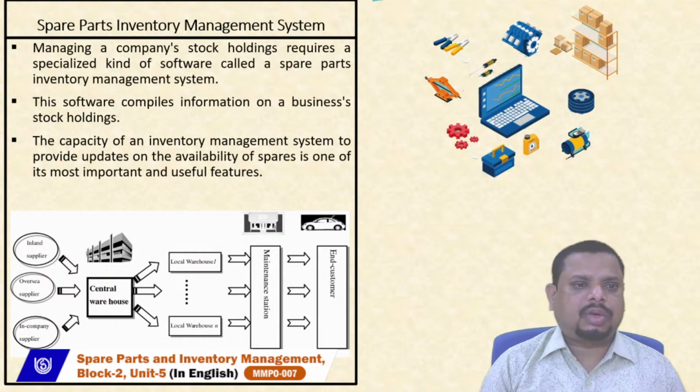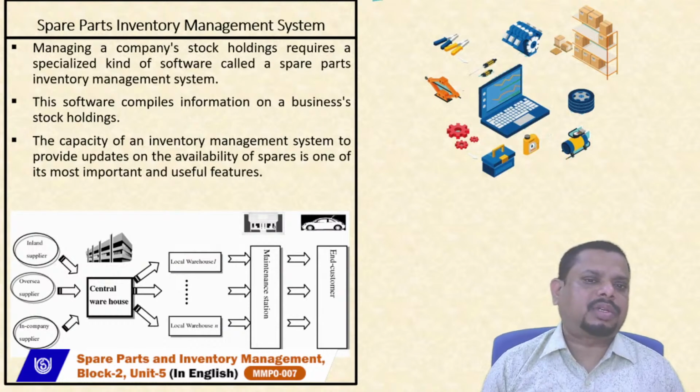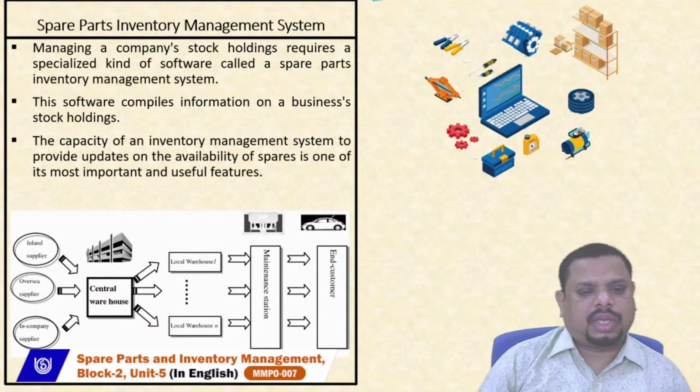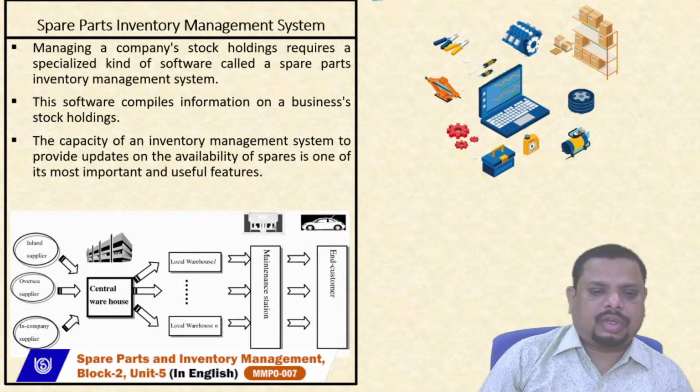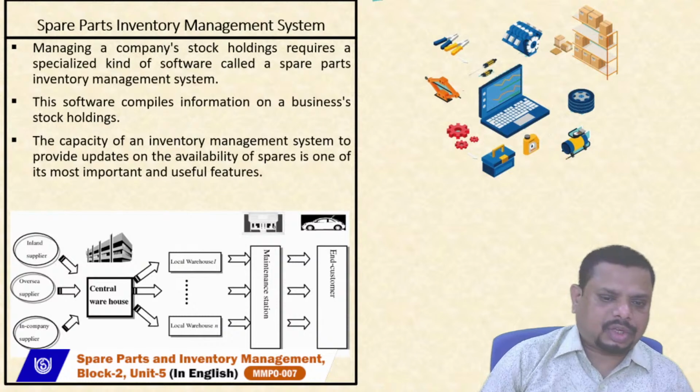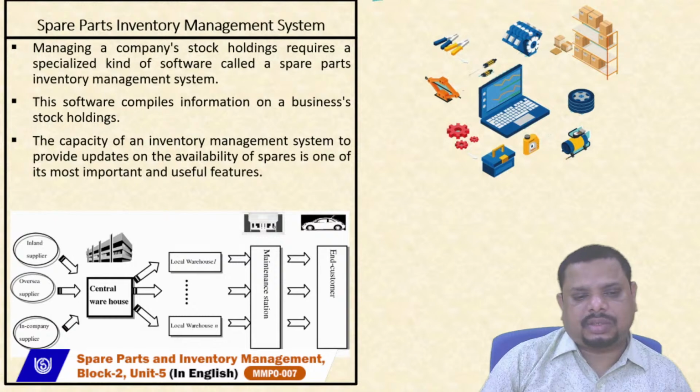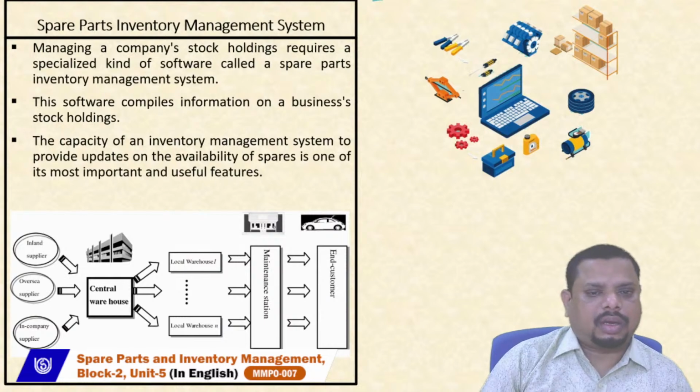For example, consider a spare parts inventory management system for your own automobile. When you reach a service provider, there are a number of maintenance stations, and these are well connected to local warehouses, which take responsibility for the supply of spare parts for the automobile industry.